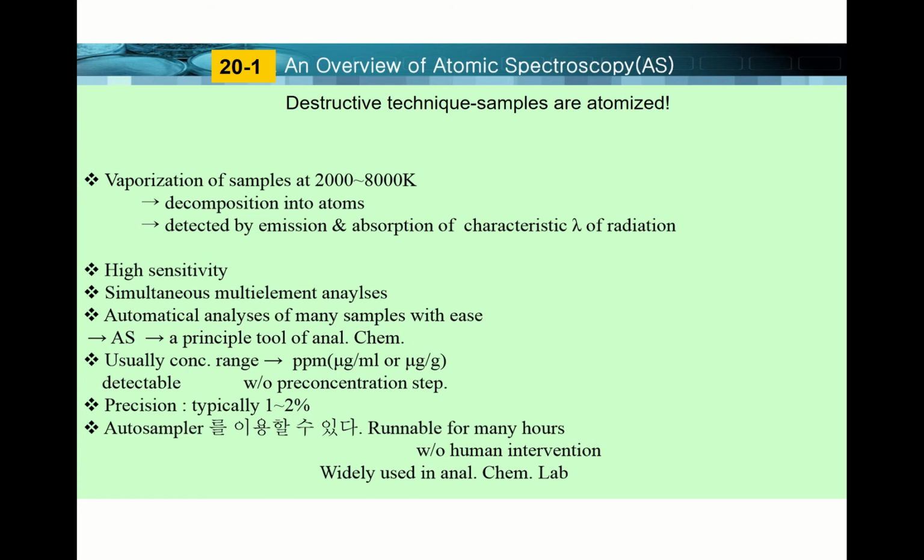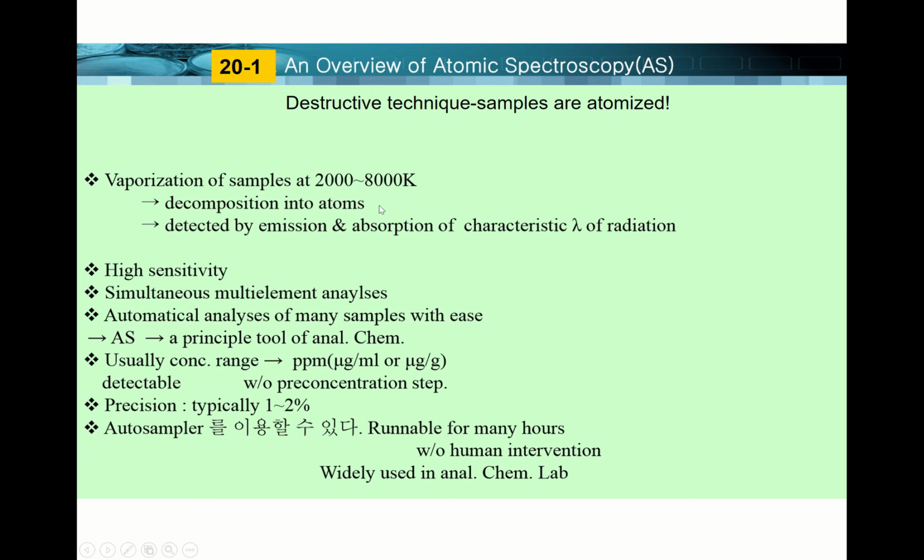So here is an overview of atomic spectroscopy. As I said, this is a completely destructive technique. The samples are atomized and totally destroyed. To atomize samples, you need very high temperature. Samples are vaporized at these temperatures, at least 2000 K and up to 8000 Kelvin.